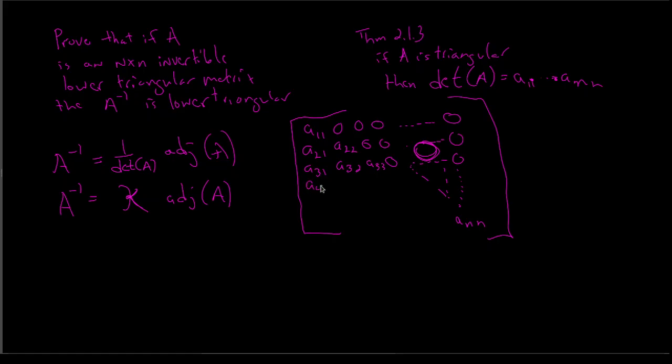And then A41, A42, A43, A44, and then we'll connect our diagonal, and all of these can have values. So there's our generic lower triangular matrix.